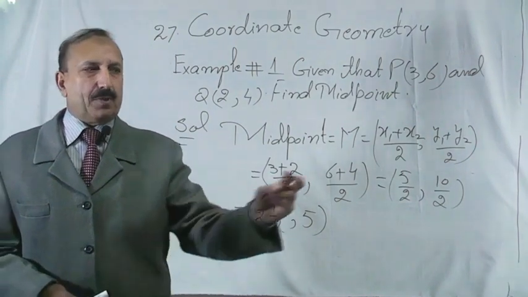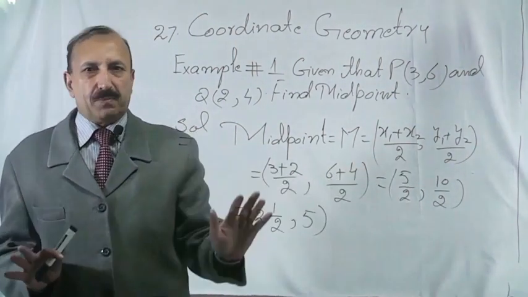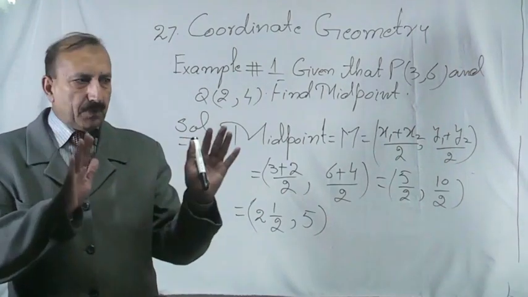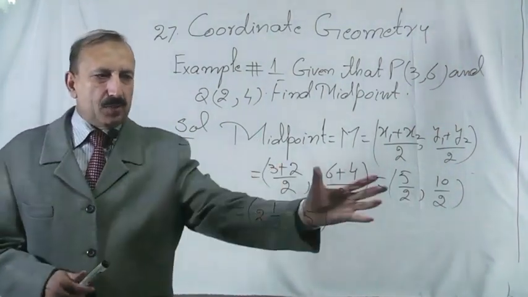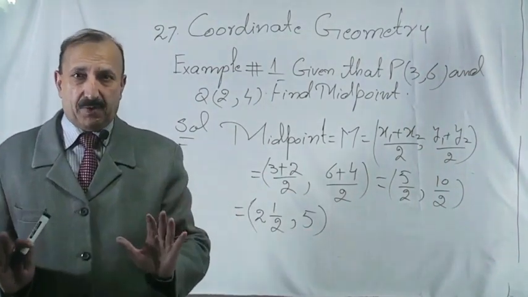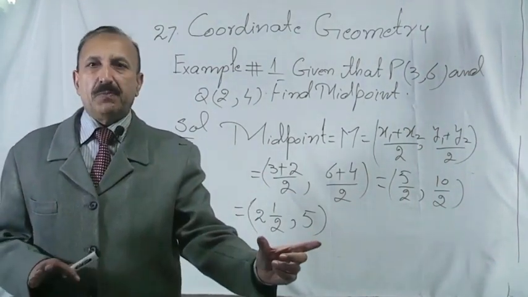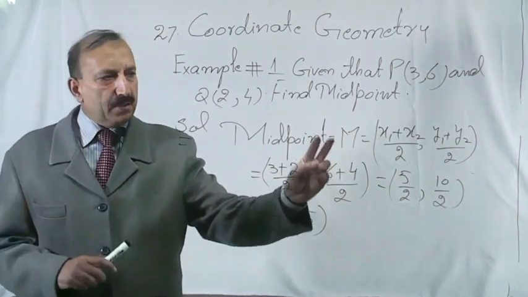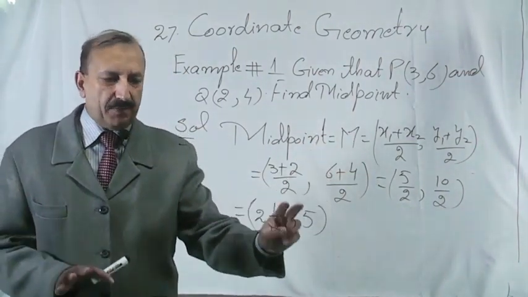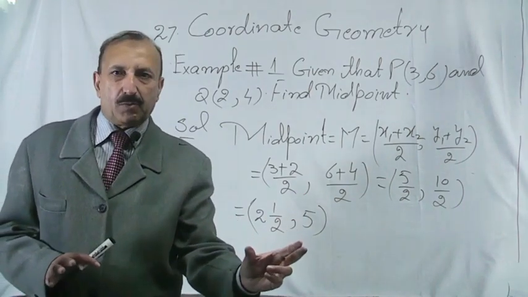You need to know its formula. Without it, you can't find the midpoint. You need to write it down, plug in the values from the given question, and then carry on simplification in ordered pair form. You will get the midpoint between the given 2 points. Whatever the points are, just write the points and then simplify, and finally you will get your midpoint.